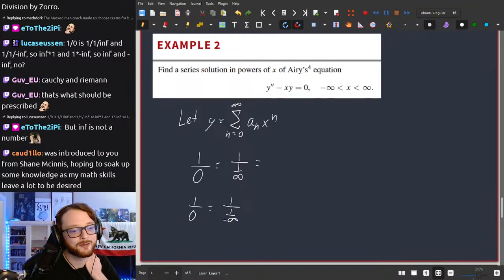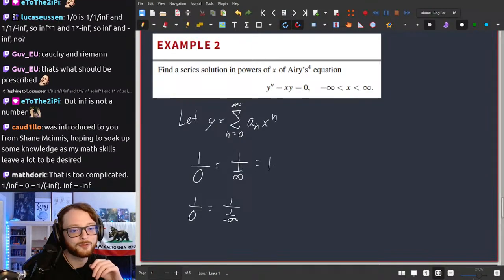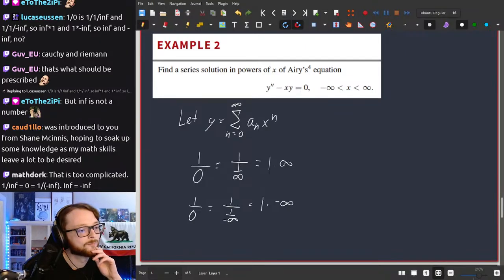But then is saying that you could write this as 1 times infinity. So that's Lucas's justification for why 1 over 0 should equal infinity.